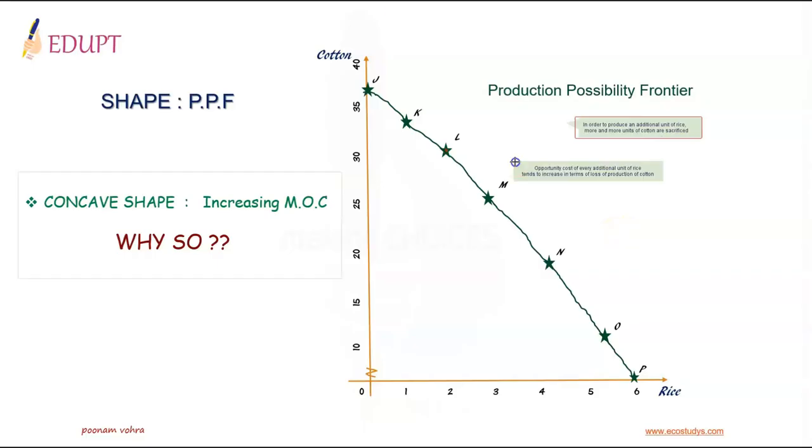It means that the opportunity cost of every additional unit of rice tends to increase in terms of loss of production of cotton. In other words, marginal opportunity cost rises. And why is it so? It is simply because all resources are not equally efficient in the production of all the goods.